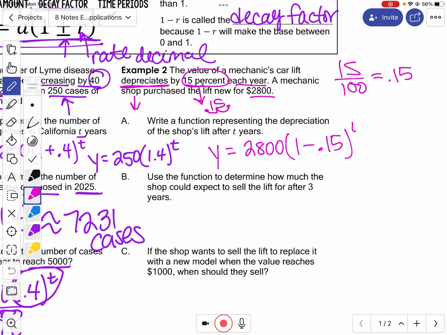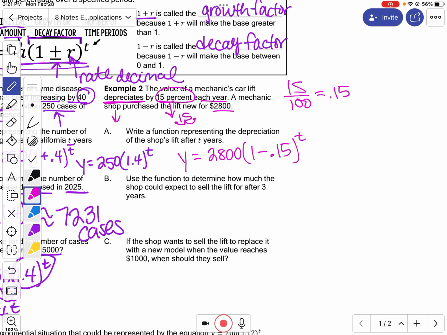And we're raising it to the t power. Again, if you want to go ahead and subtract inside the parentheses there, you would get 0.85. So there's my function.